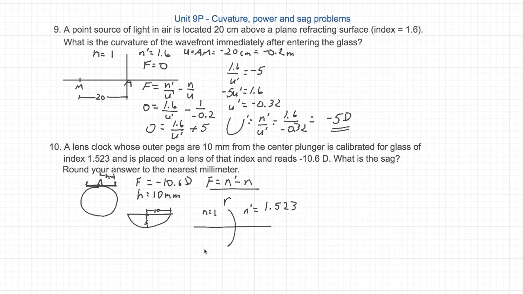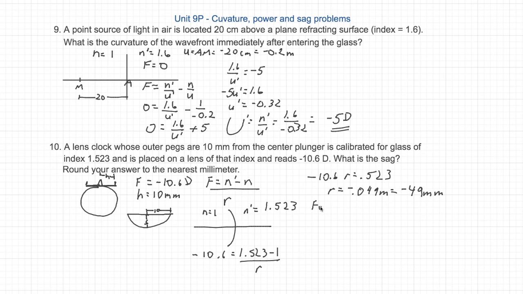We're going to solve for the radius of curvature of the lens because we need that to plug into the sag formula. So we plug in what we know, and we find that R equals negative 0.49 meters, which equals negative 49 millimeters. Now, the sag formula assumes that the radius is always positive. It's an important thing to remember.